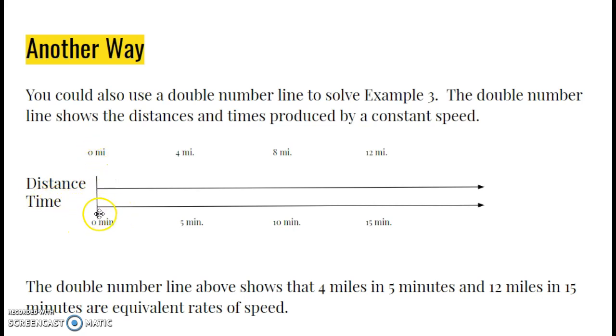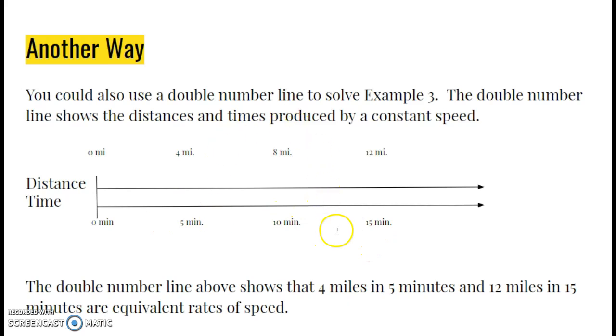Of course, we always start at 0. We know that she could drive 4 miles in 5 minutes, so that's going to be my first two numbers on my number line. I'm going to go up by 4 at the top, and I'm going to go up by 5 at the bottom.